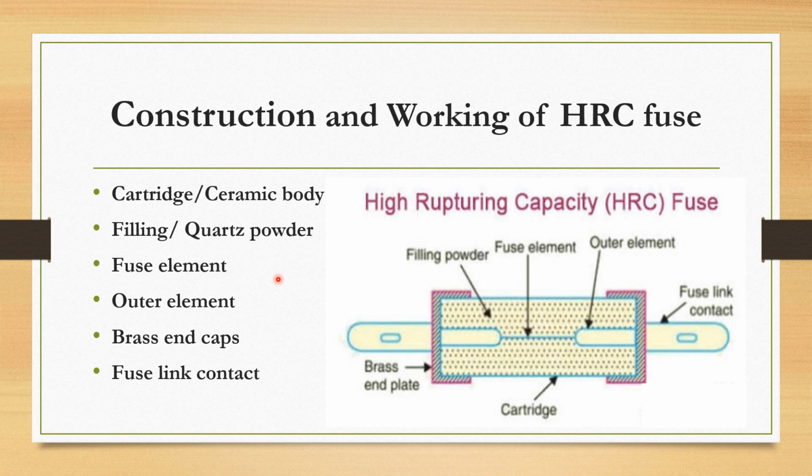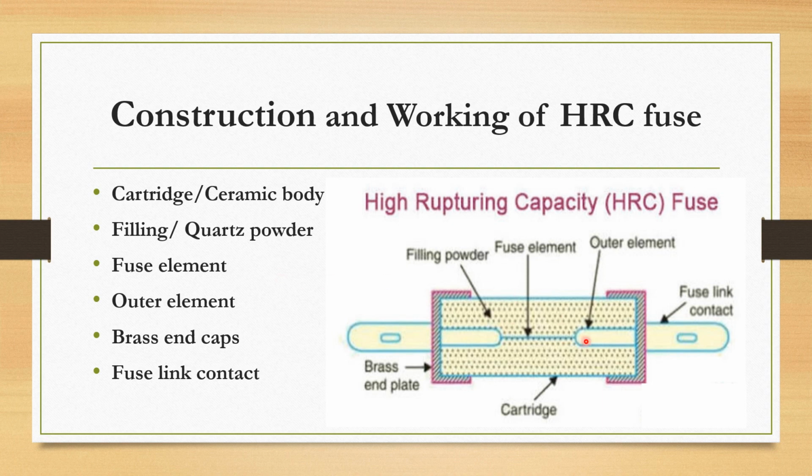When current increases above a certain limit, in the sense after fusing current, heat is generated. Once current starts rising during abnormal conditions, either overload or short circuit condition, then heat is generated. As per I square R loss, due to power loss, heat is getting generated due to the rise in temperature, and it melts the bridge.